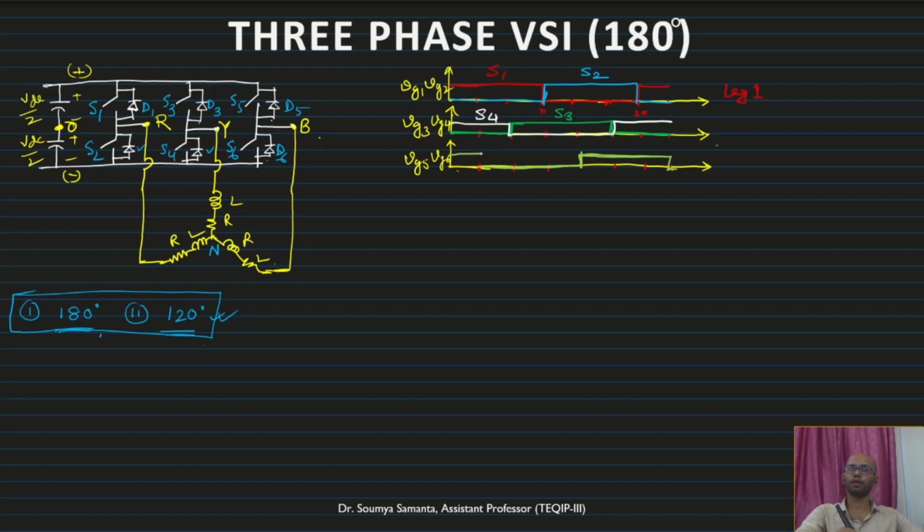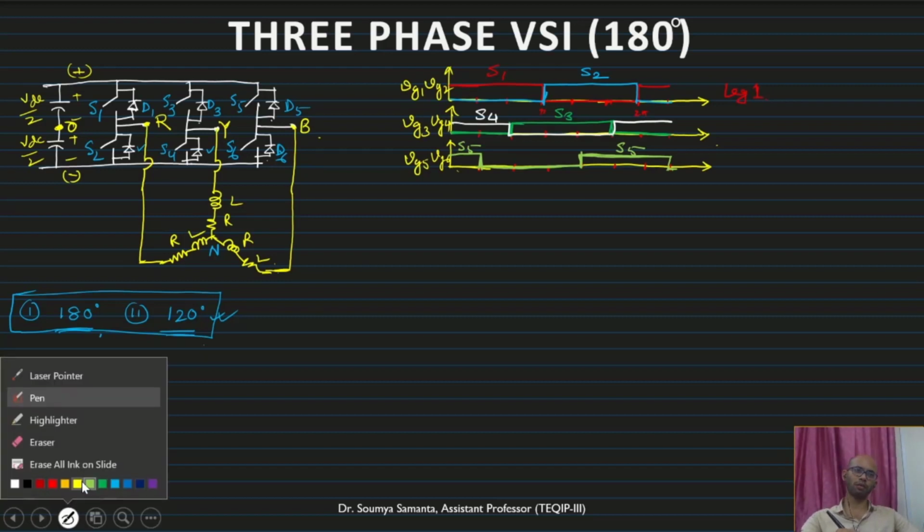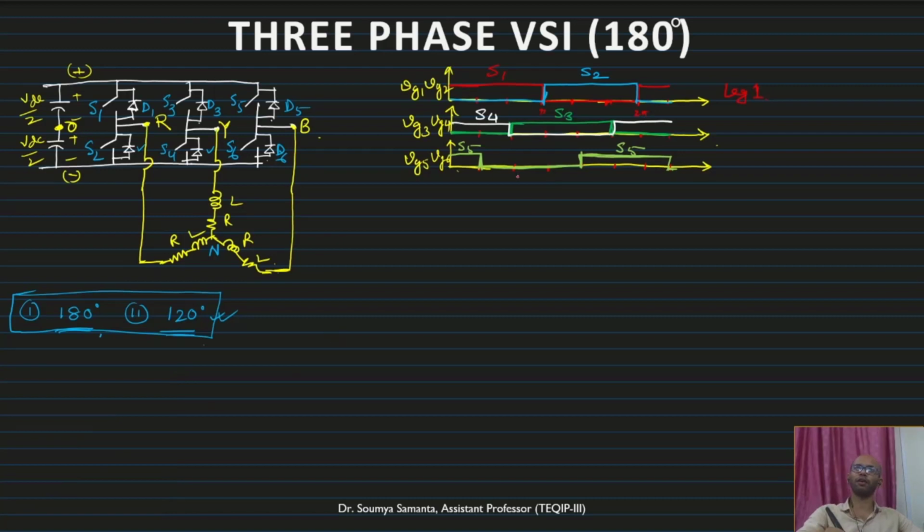So this is S5. Now obviously S6 will be complementary in nature. Now I am drawing in red here also. So S6 will be turned on here and for 180 degree it will remain on and then it will be turned off.